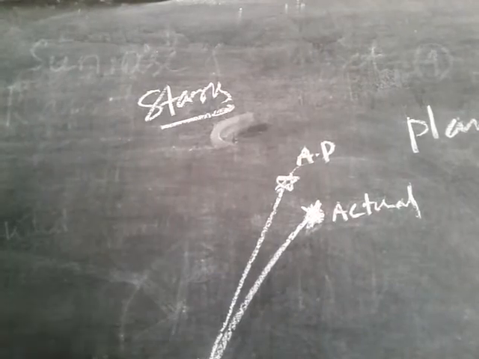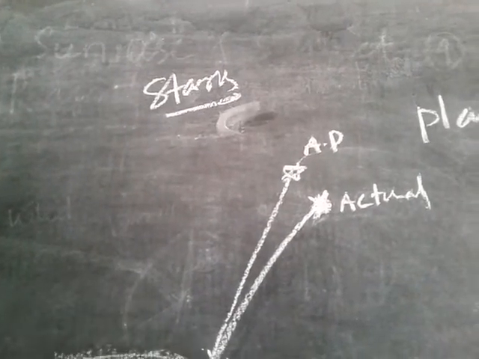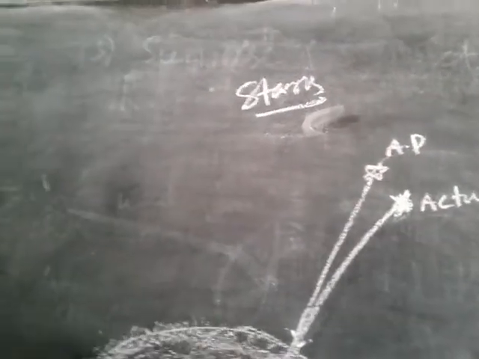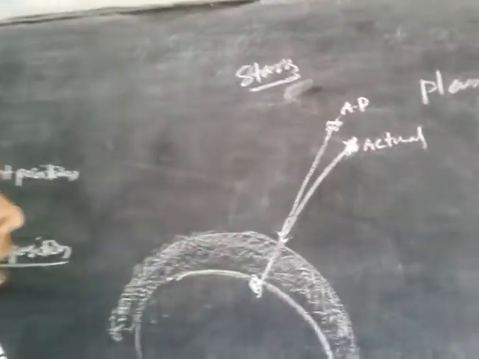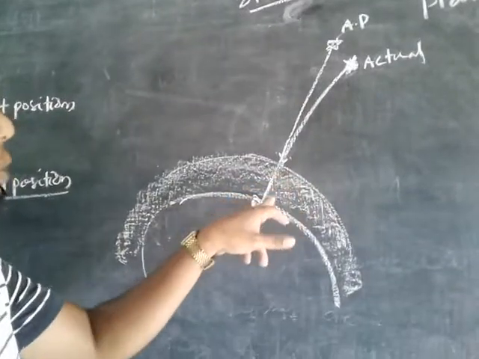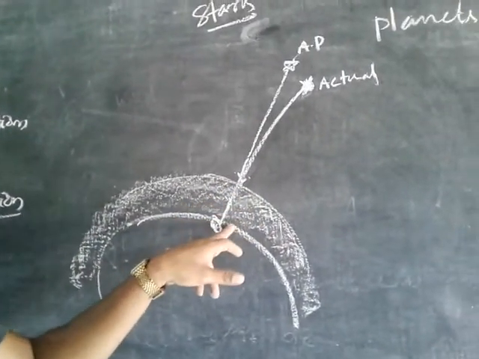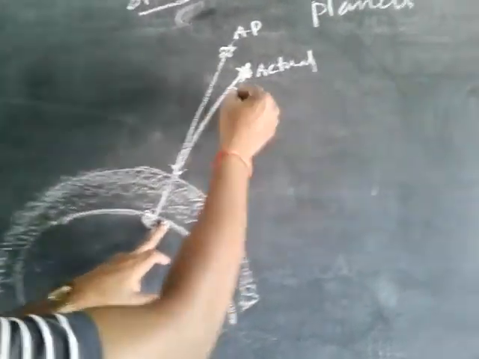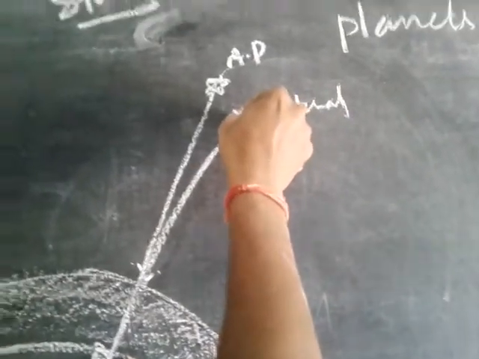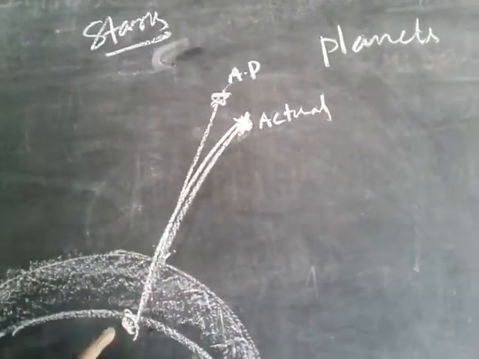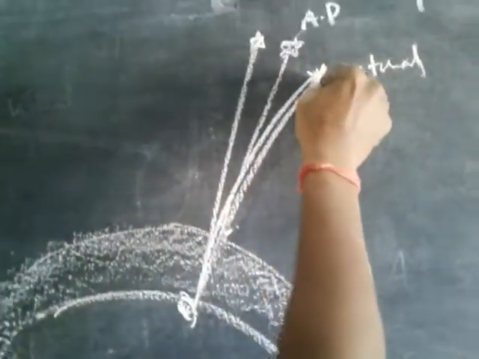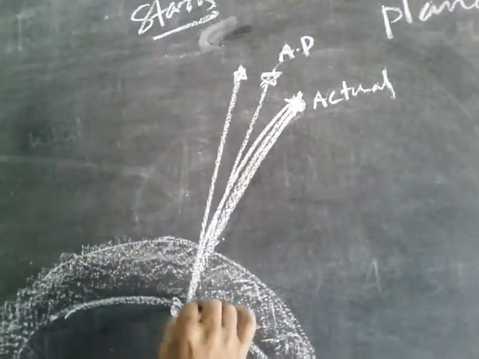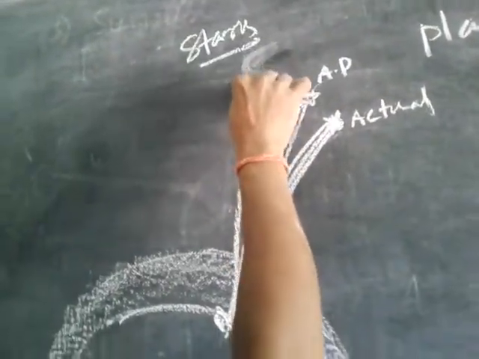But see here, because the temperature of the atmosphere is changing from time to time, in a small duration of time the temperature will be different. When the temperature is different, after a few moments, when another ray of light comes, it looks here. That means the apparent position changes. Again, after some time, the apparent position changes.